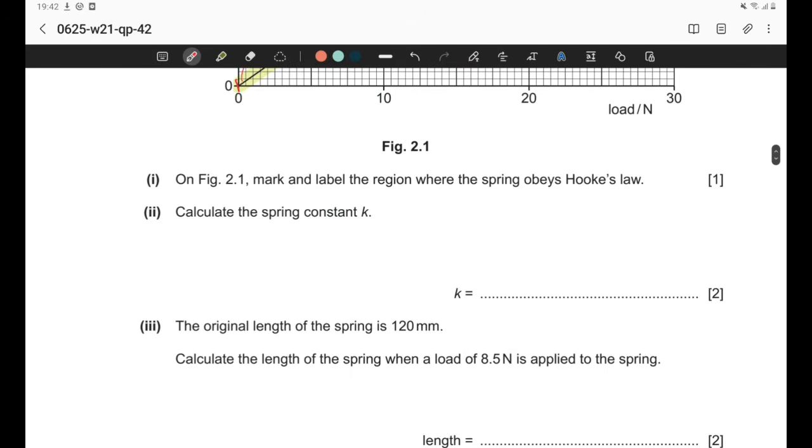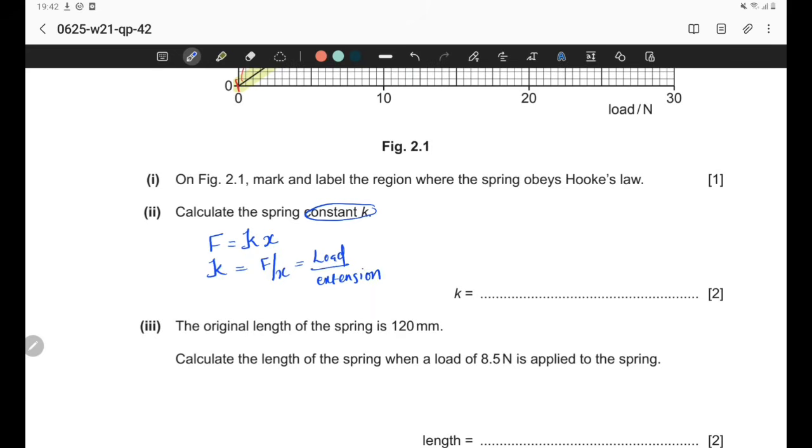Part 2, calculate spring constant K. So in order to calculate spring constant K, we can use the equation of Hooke's law, that is force is spring constant times extension, where we can make spring constant the subject. So we will get spring constant is force or load over extension.